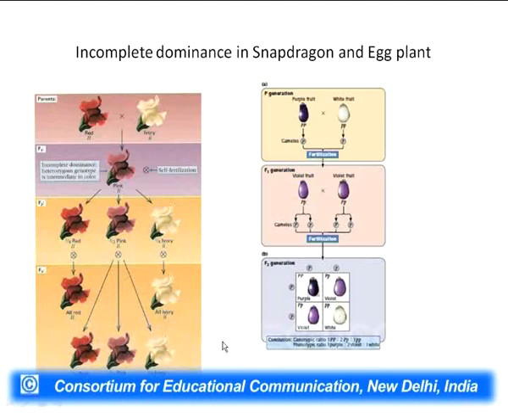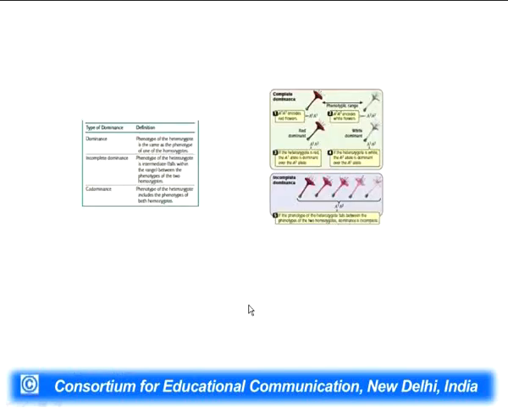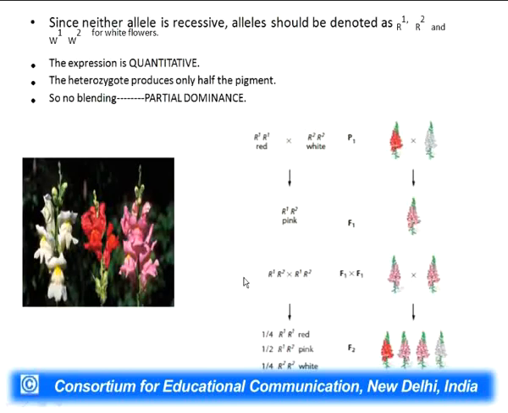So, that means we find that the genotypic ratio and the phenotypic ratio of incomplete dominance plants is identical, which is 1:2:1, which is quite different from what we saw in the monohybrid cross. We have a point to make as far as the recent findings are concerned.